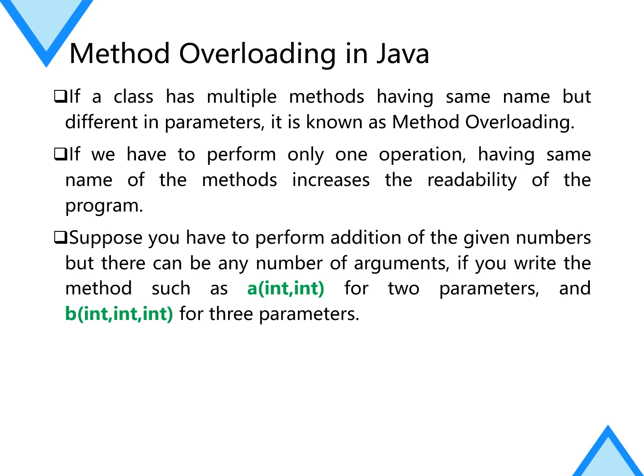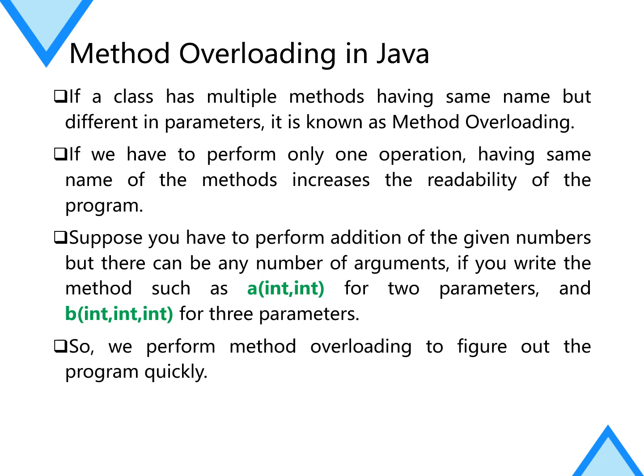In order to increase readability, we keep the name of the method similar, but keep the type or the number of parameters different. So if we have the same method name but a different type or number of parameters, then we say the method is overloaded. We perform method overloading to figure out the program quickly and to increase its readability.